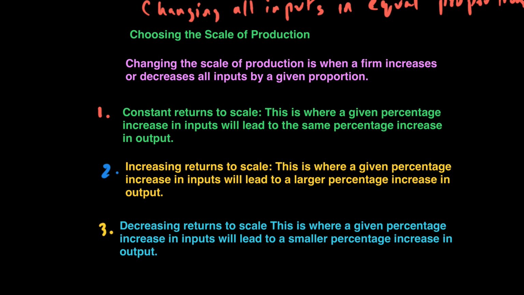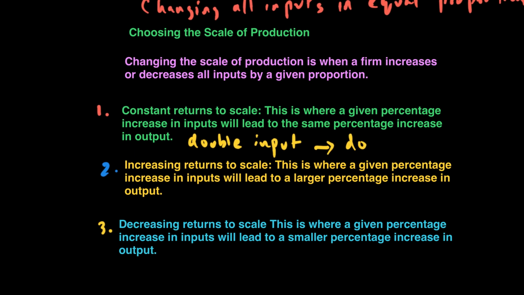So what is constant returns to scale? Constant returns to scale is where a given percentage increase in input, let's say we double our input, leads to the same percentage increase in output, which means we double output.